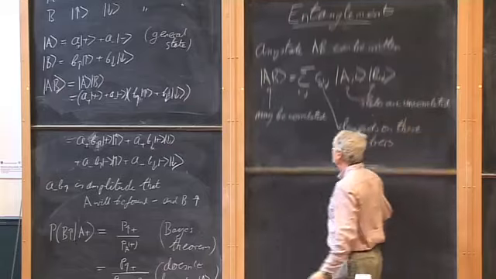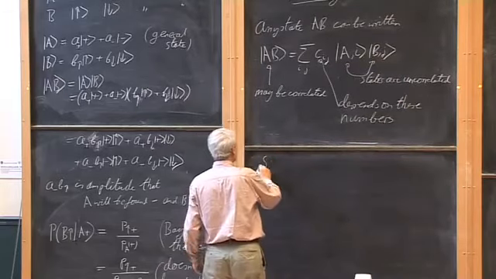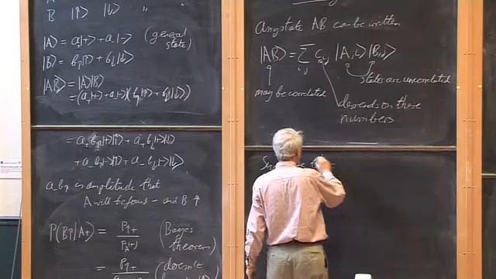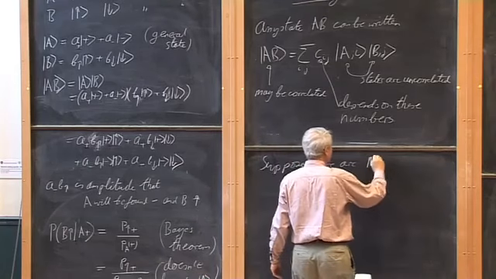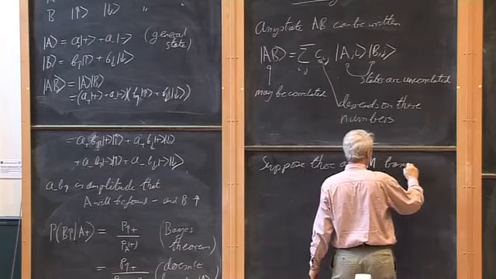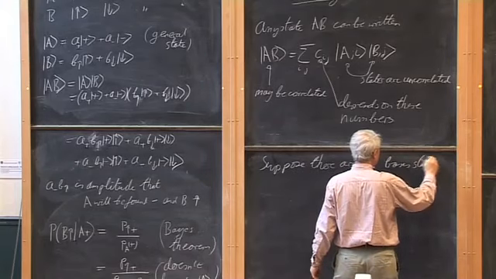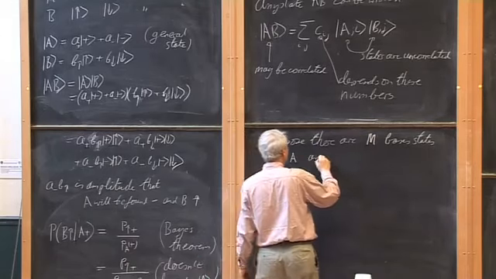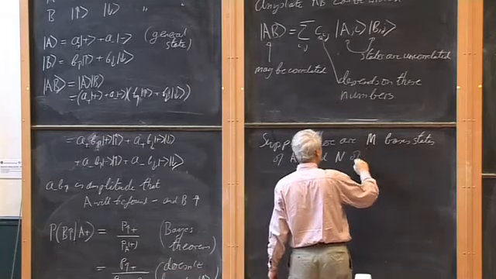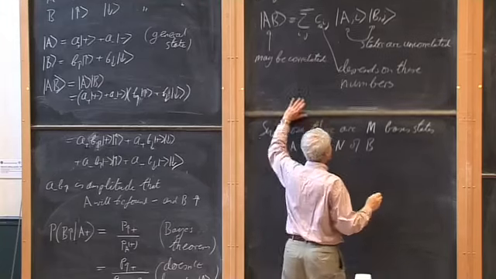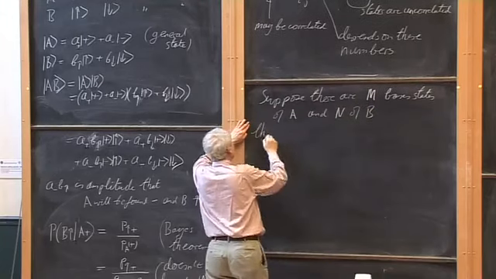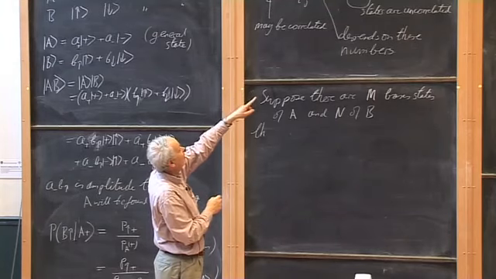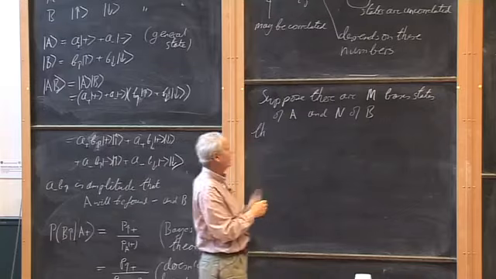So let's do a little bit of quick counting. Suppose there are m basis states of A and n of B. So there are m values that i can take, and n values that j can take.